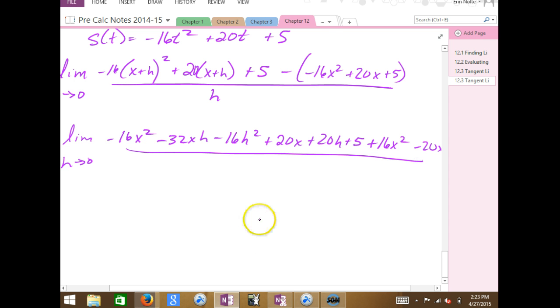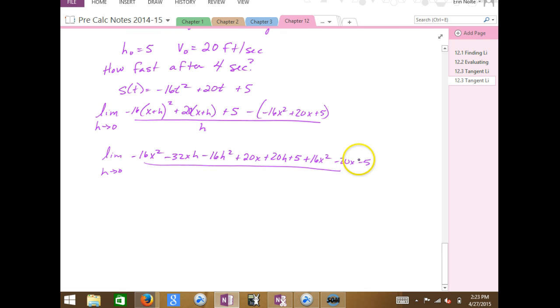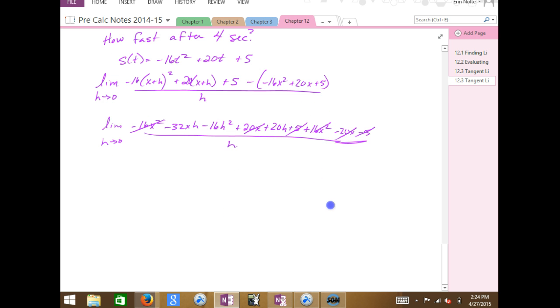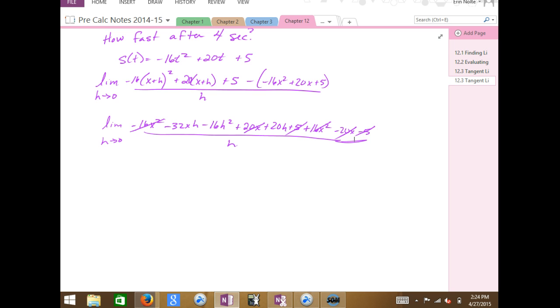What do you find is the velocity? Okay, so my 16x squareds cancel out. My 20x's cancel out. My 5's cancel out. Do you guys notice that every time I do this, anything that doesn't have an h in it goes away? You have negative 32xh minus 16h squared plus 20h.